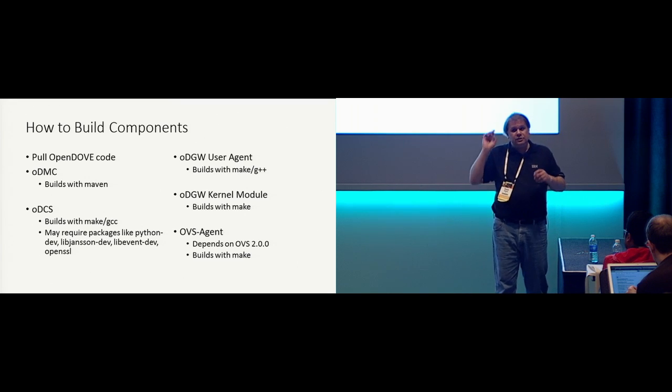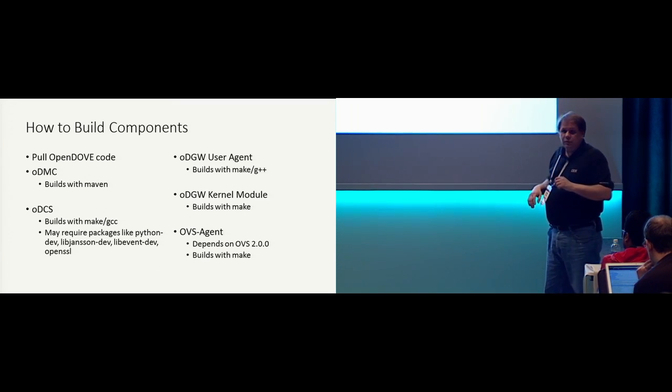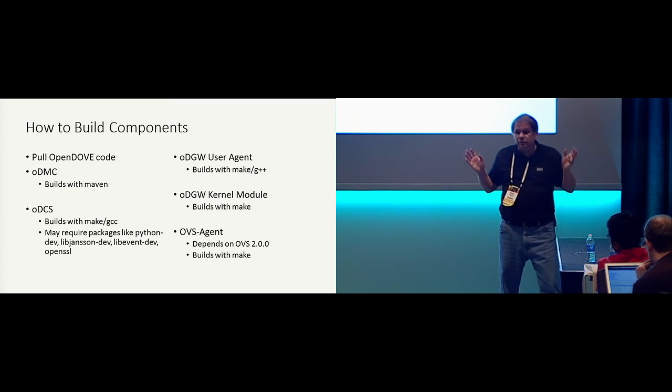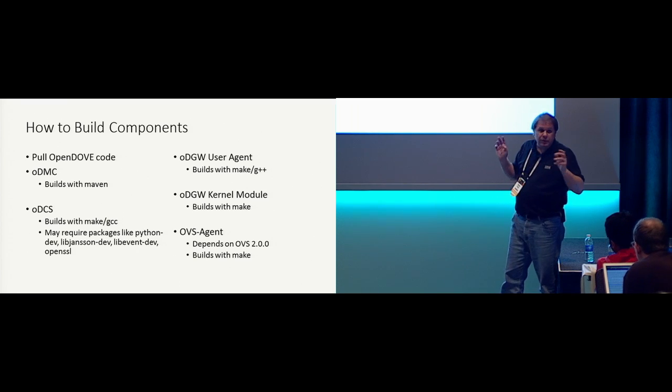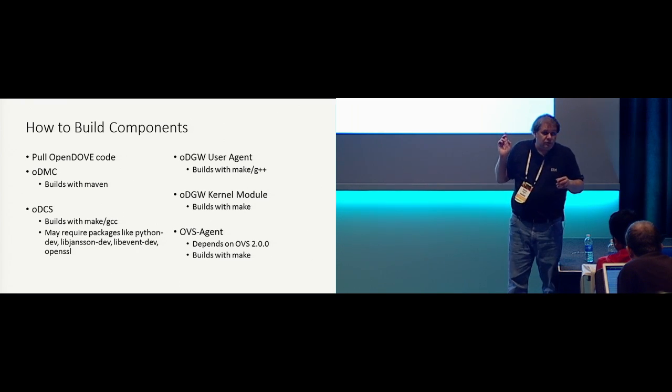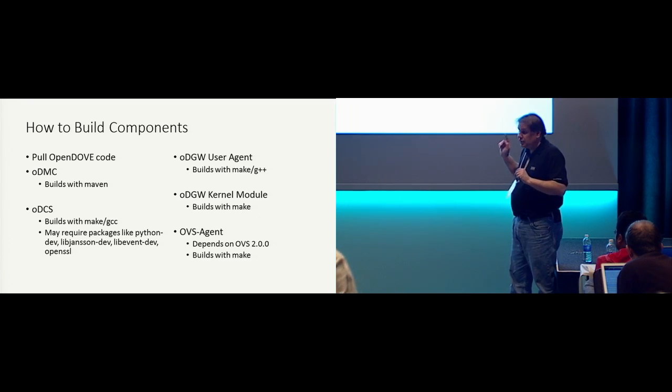Real quick, again, this is on the wiki pages, but here is how you build all of this. ODMC builds with Maven, your typical Java Maven project. ODSC is make, GCC. You may need to get Jansson and libevent because we use those, so you may need the dev packages.